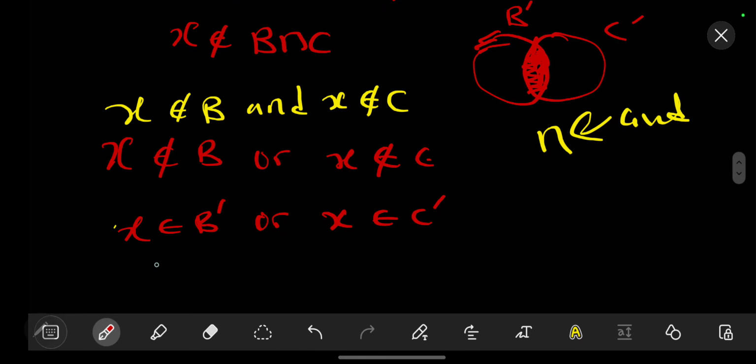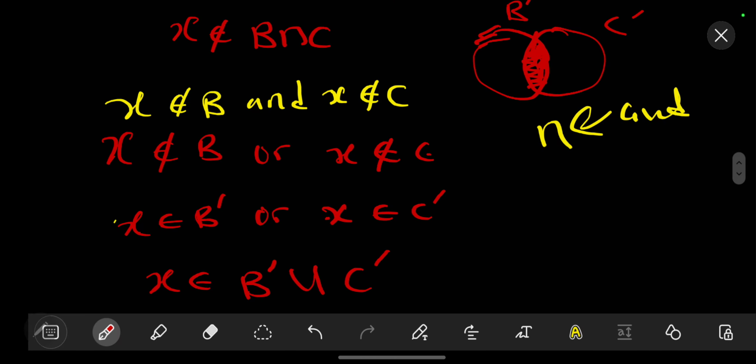Now remember, already we have our x, so we are just going to combine. It's more like we are factorizing. x is common, 'or' is common, then we are going to say B complement, or means union, of C complement, like that.